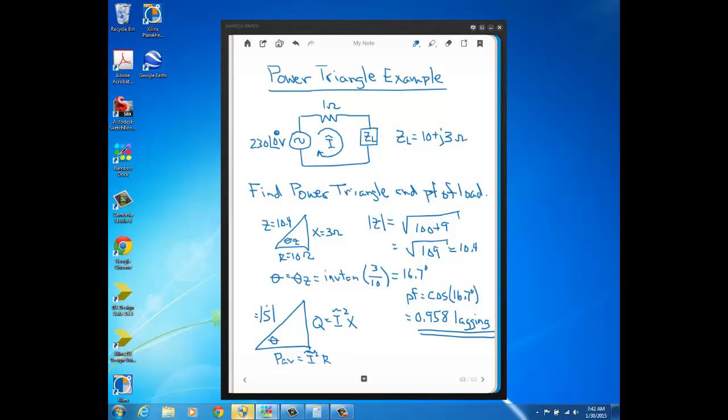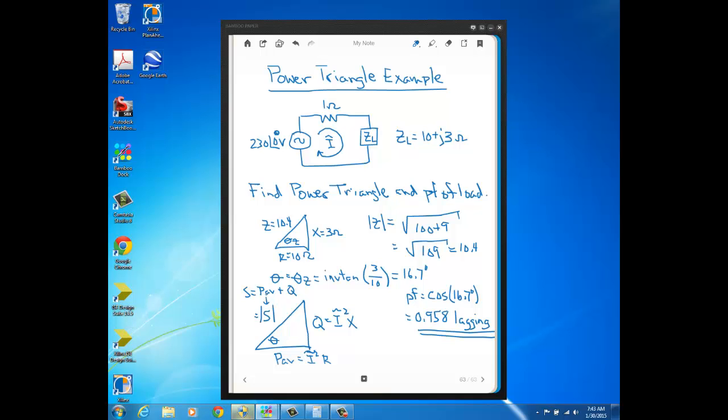And then one way to get apparent power is just to do I times V for the load, or what we can do is find S by taking P average plus jQ. And then we just do the sum of the squares to find the magnitude, because this will be a complex number, since P average is real and Q is imaginary.